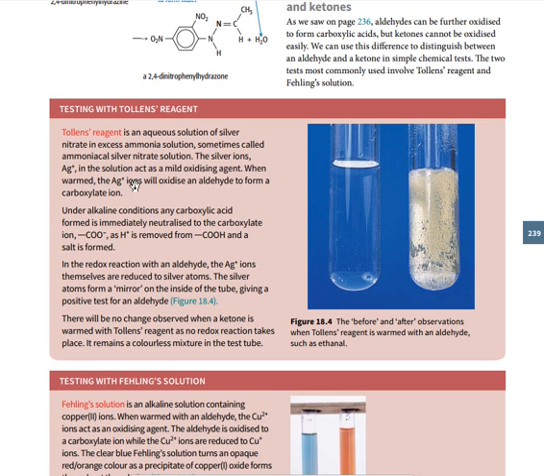When warm, the silver ion will oxidize the aldehyde to form a carboxylate under alkaline conditions. So the aldehydes are converted to produce the carboxylic acid, and in doing so they are going to affect the silver ion.